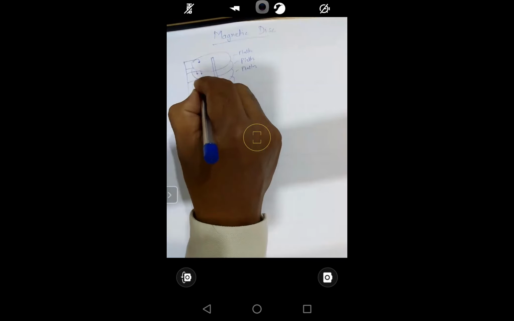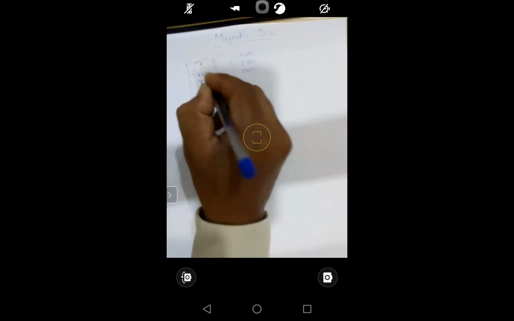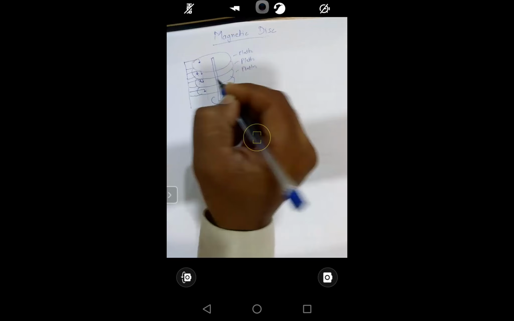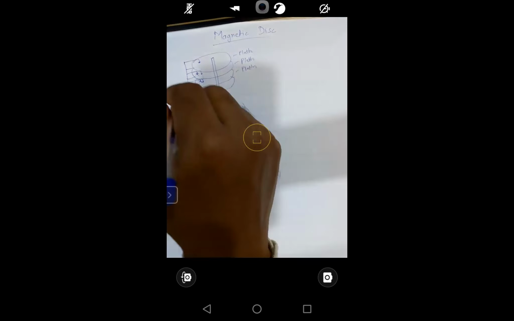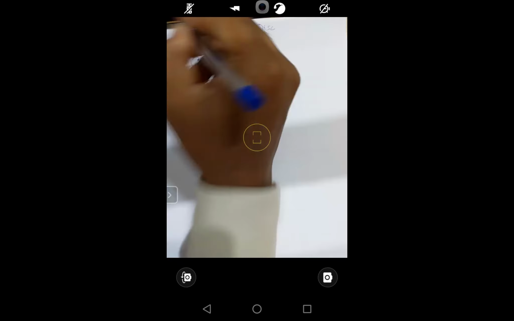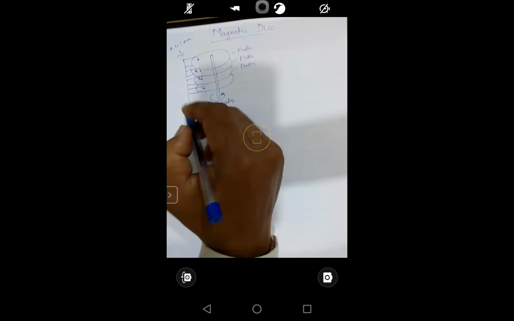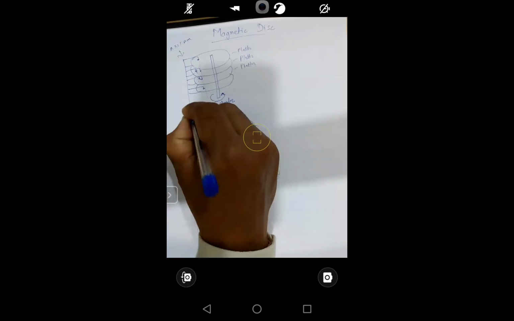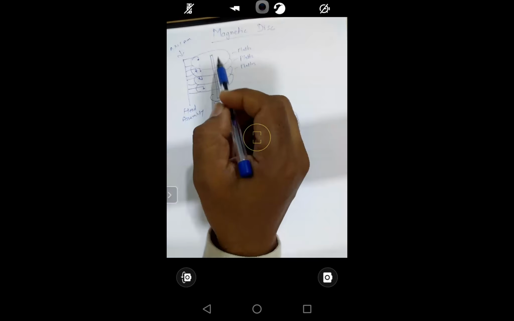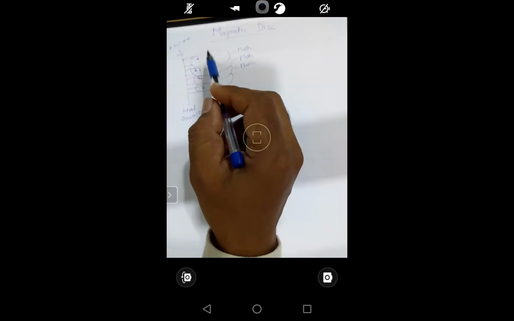There is only one arm here; I drew it multiple times by mistake, because it should be in the same line. In this way, the access arm is there to read the data. This is the head assembly. So this head moves on the platter to read the data or to write the data.